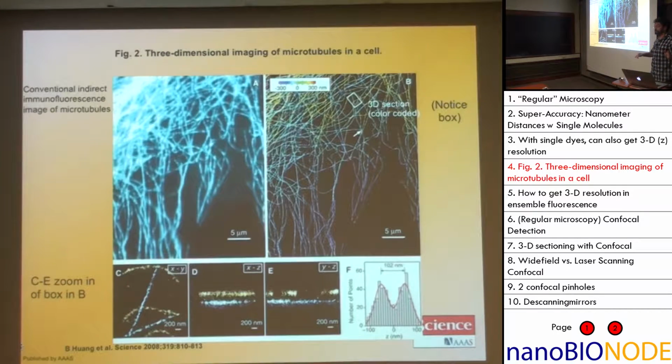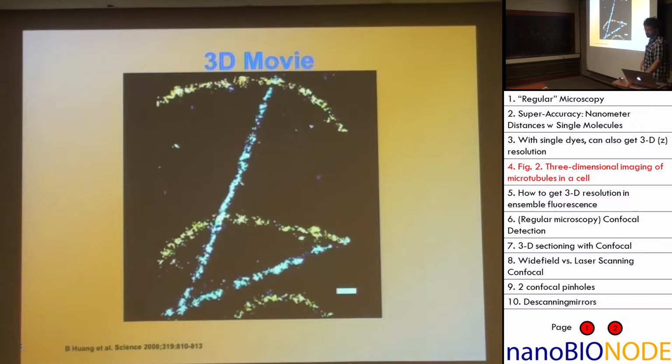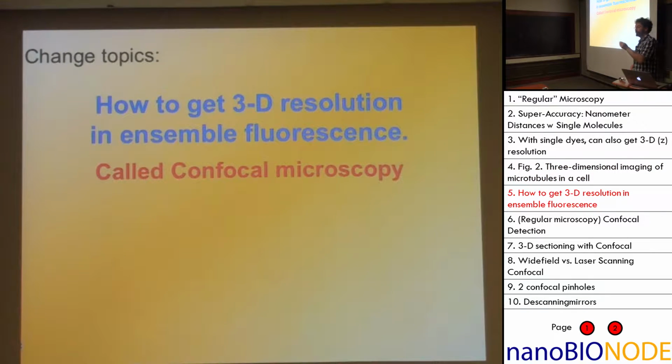Often you can't. There's too much background, or maybe you have a ton of dyes there such that you're not seeing a single molecule. Or let's say you just have regular dyes that are not blinking on and off. I mean, these dyes are very special that they blink on and off. So you don't have it. So in that case, how do you get, or can you get, three-dimensional resolution?